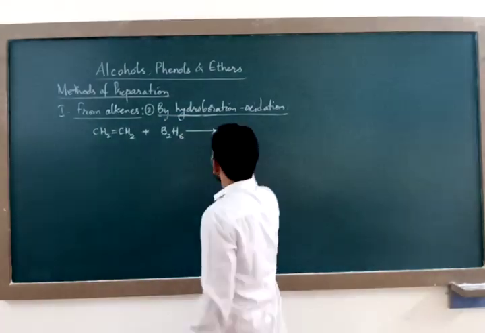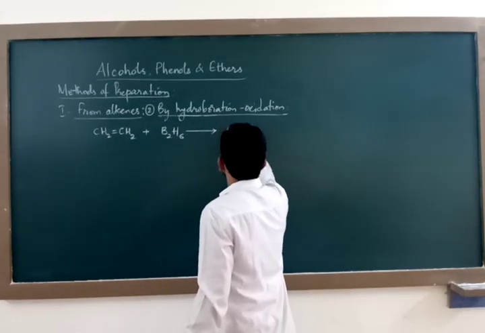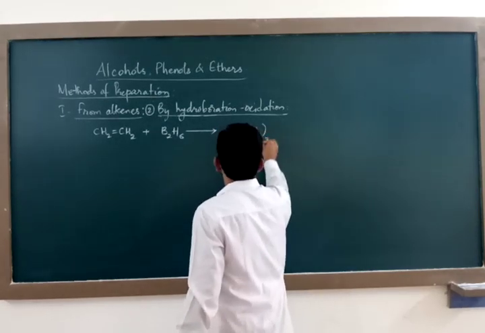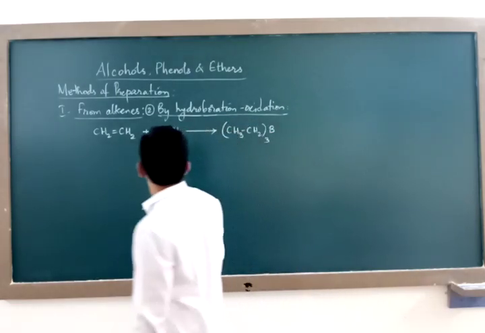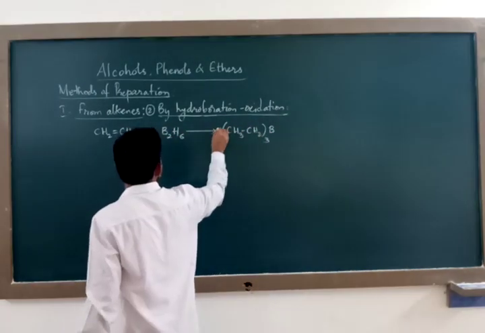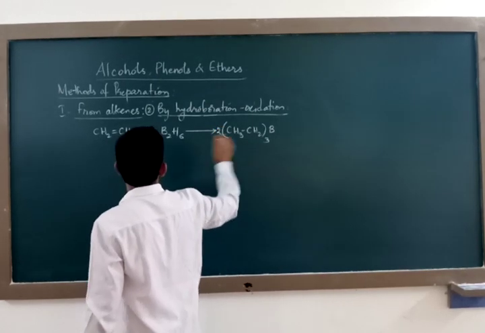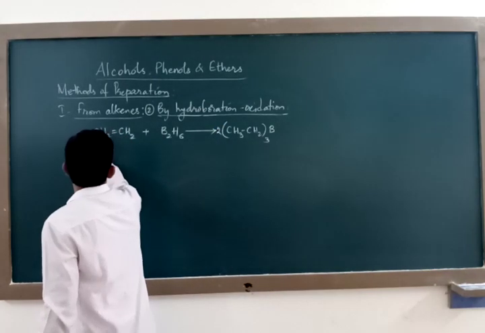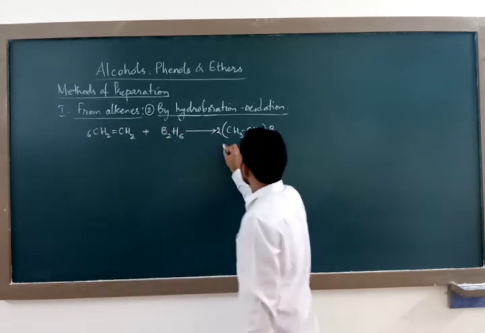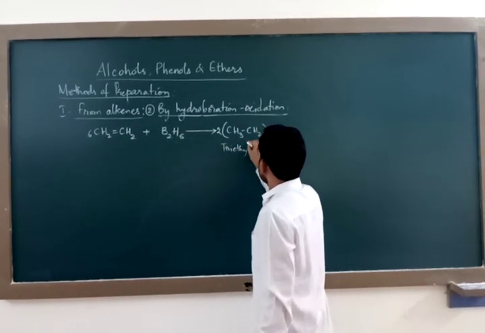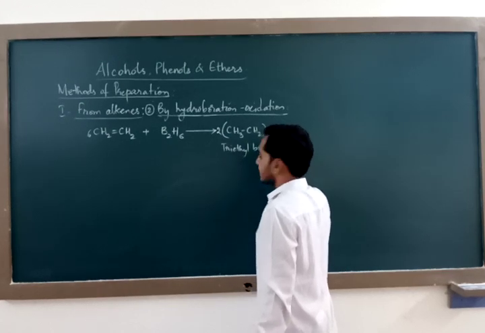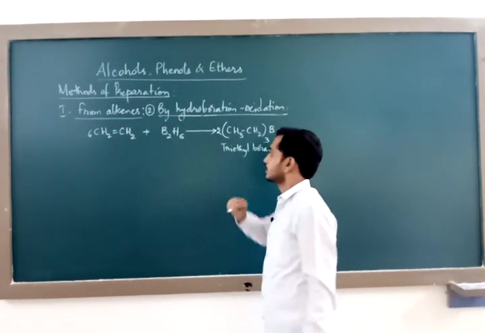When these two react, it forms trialkyl borane. In order to balance, 2 molecules of trialkyl borane, here 6. Now the product is triethyl borane. In general, trialkyl boranes are formed due to hydroboration.